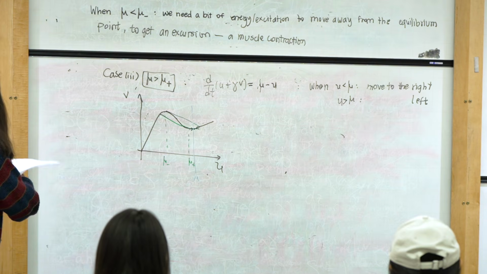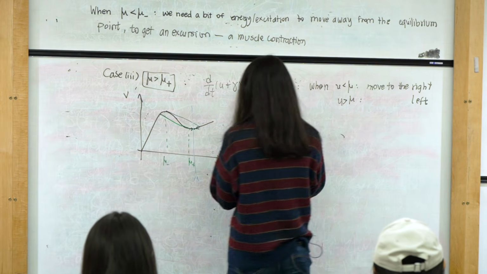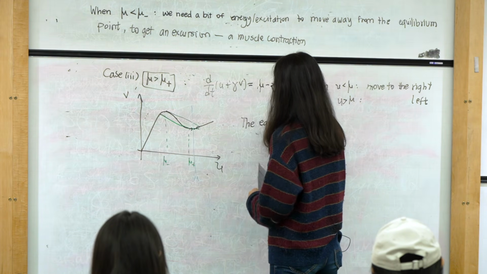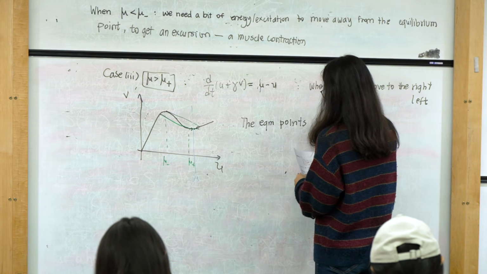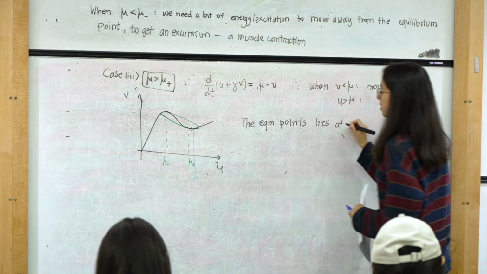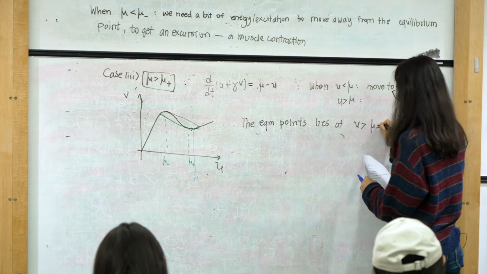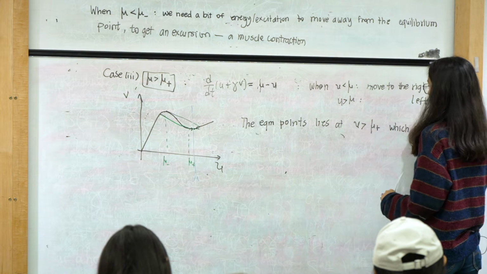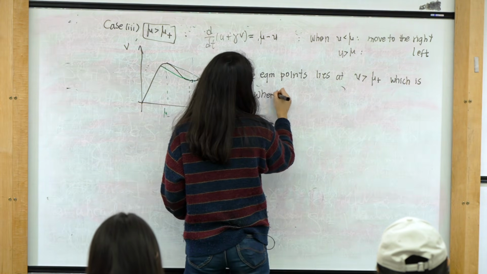Okay, so the physical meaning of this is that calcium cannot be released. So the equilibrium point lies at u greater than mu plus, where the calcium concentration is high.